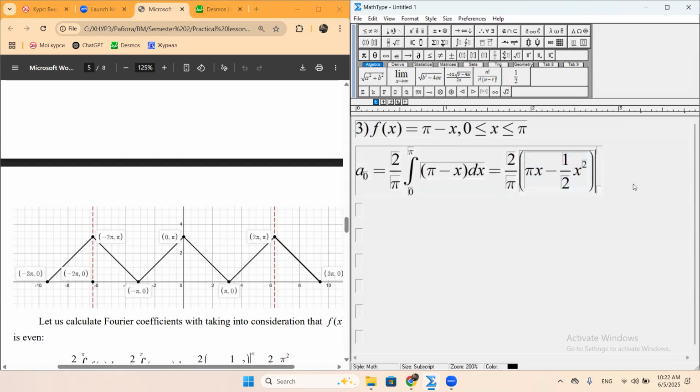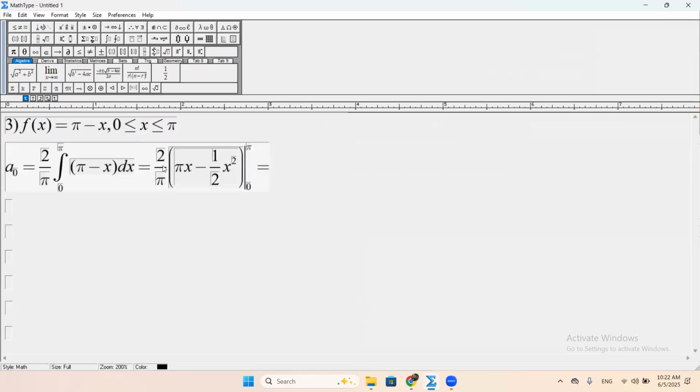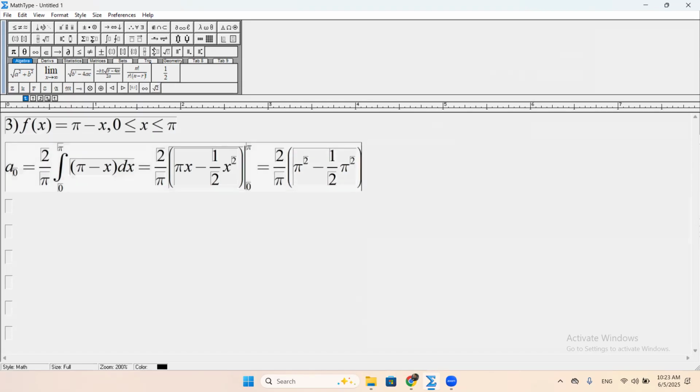So from 0 to p, if I substitute 0, this expression will be equal 0. So what do I have here? 2 over p, and here p square minus 1 over 2 p square.